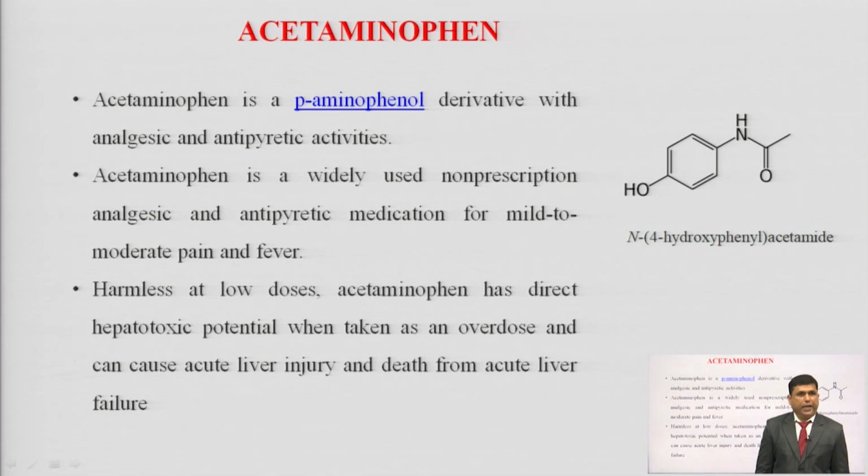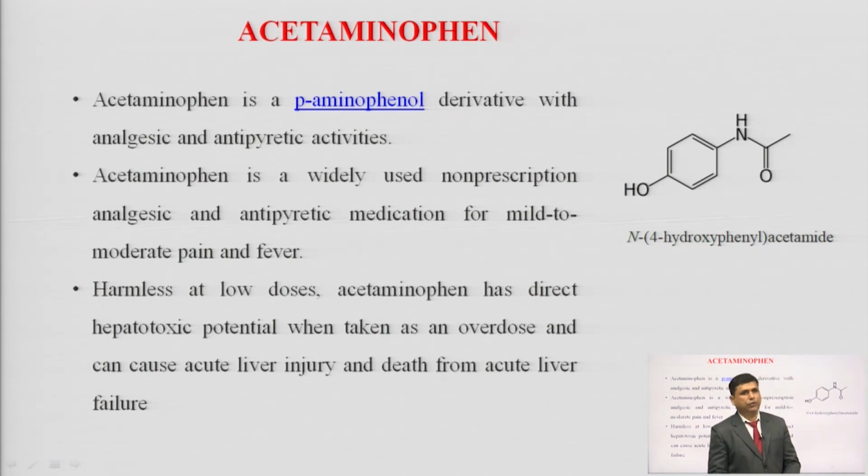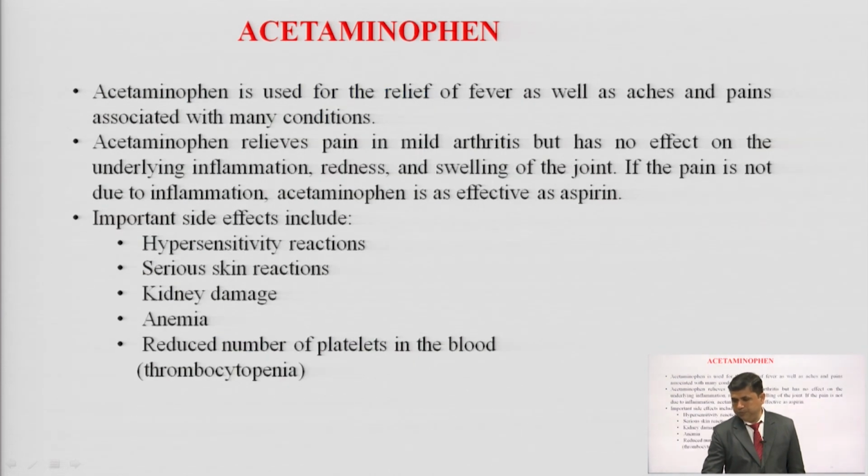It is a widely used non-prescription analgesic and antipyretic medication for mild to moderate pain and fever. Acetaminophen is harmless at low doses, but has direct hepatotoxic potential. When taken in overdose, it causes acute liver injury and death from acute liver failure.